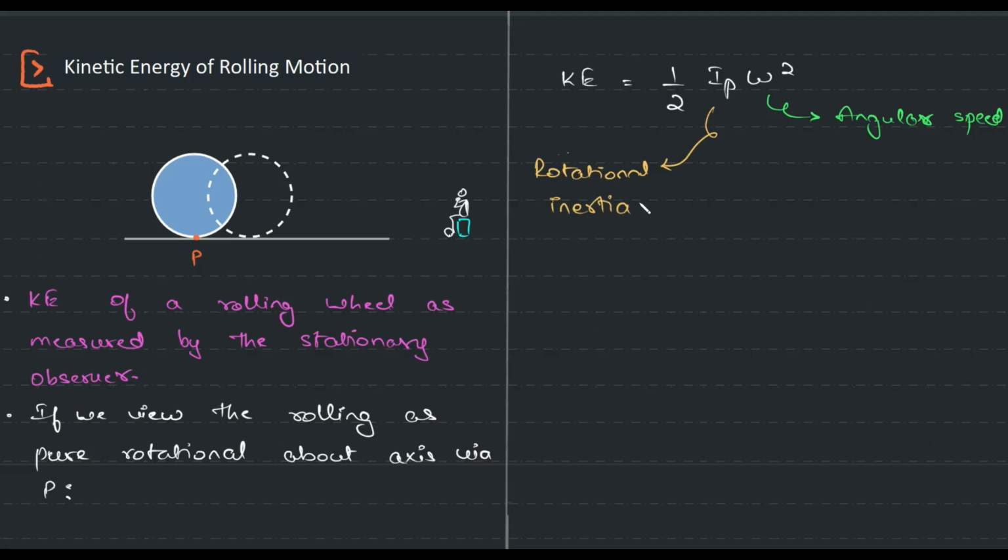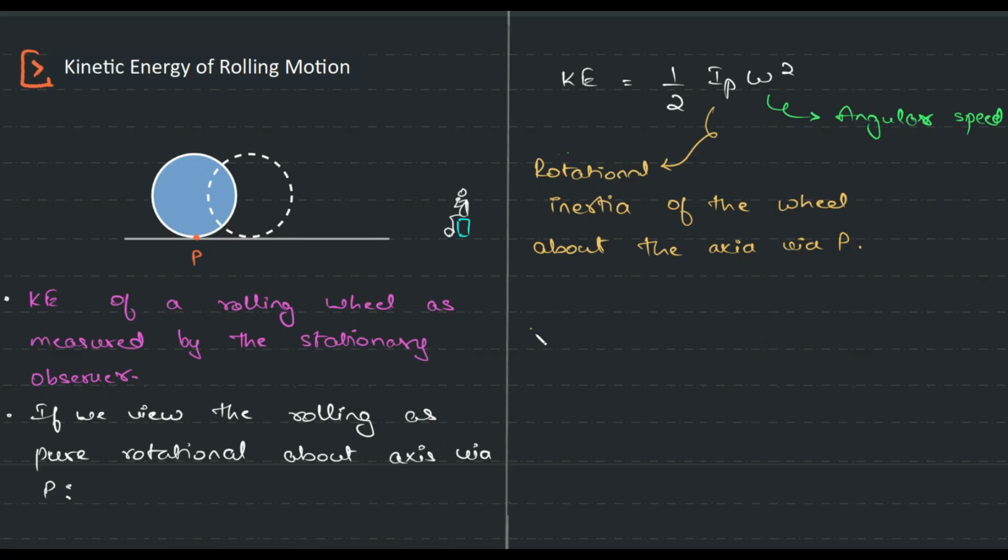But it is the rotational inertia of the wheel about, not the center axis, but the axis which is via point P. So that's P. So how do you find it?